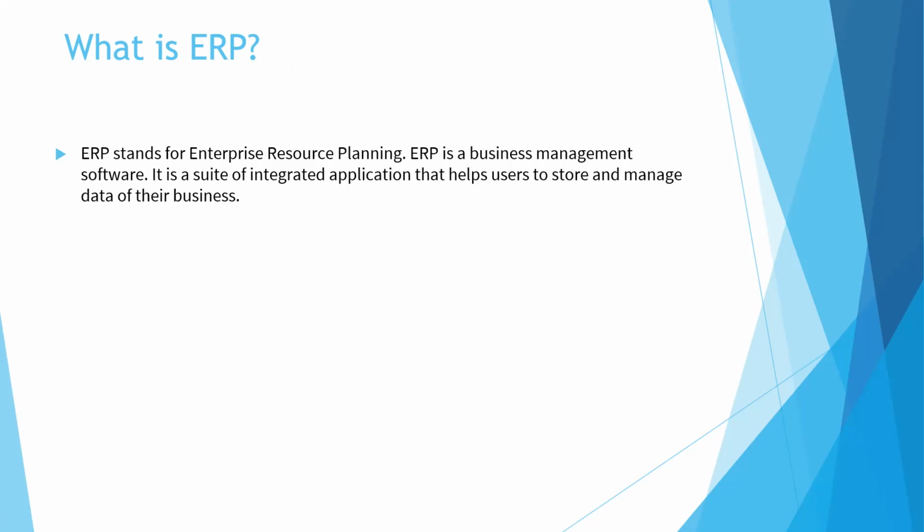If I compare ERP to MS Office: in MS Office, Word, PowerPoint, and Excel are there, with different facets, functionalities, and purposes. In the similar way, ERP is going to integrate different resource planning.